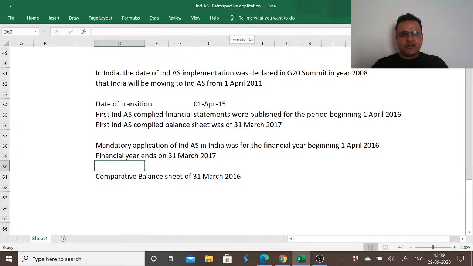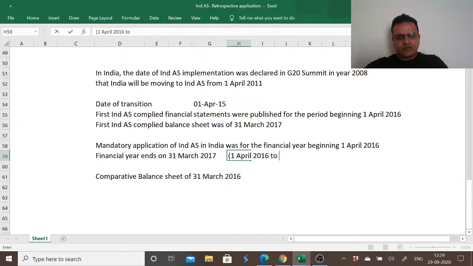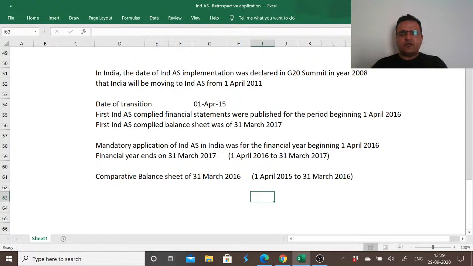Now among the two periods, this period is beginning from 1st April 2016 to 31st March 2017. The comparative period is beginning from 1st April 2015 to 31st March 2016. We need to publish one more balance sheet of the beginning of the earliest period presented.